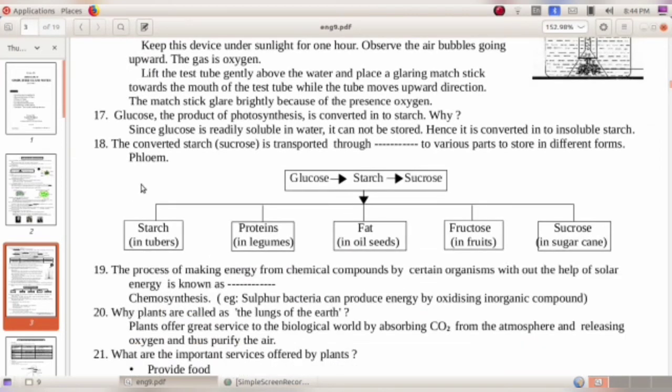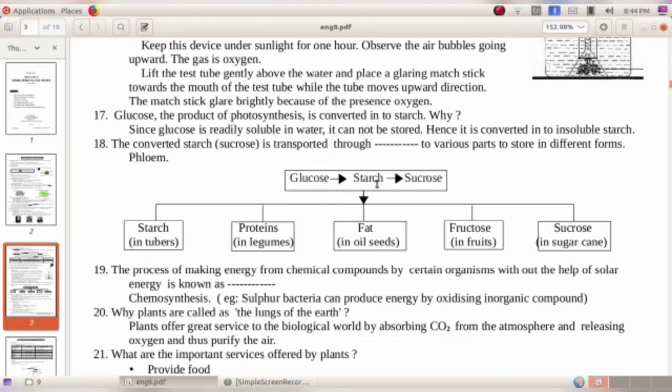Then we have already seen that glucose is the product that is made due to photosynthesis. It is converted to starch because glucose is readily soluble in water. Then this starch is stored in different plants in different forms.